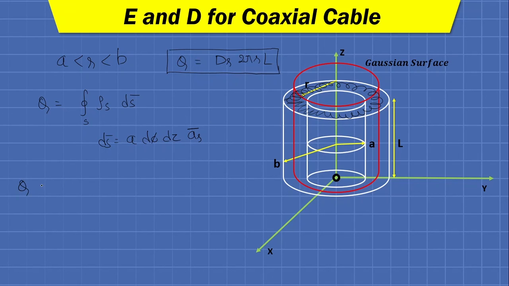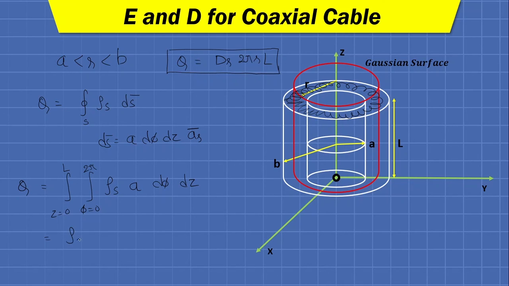Performing this calculation, the closed surface integration will turn out to be a surface integration, so it will be a double integration. Rho s will be the same, it is a into dφ dz. The limit for phi will be 0 to 2 pi and the limit for z will be 0 to L.